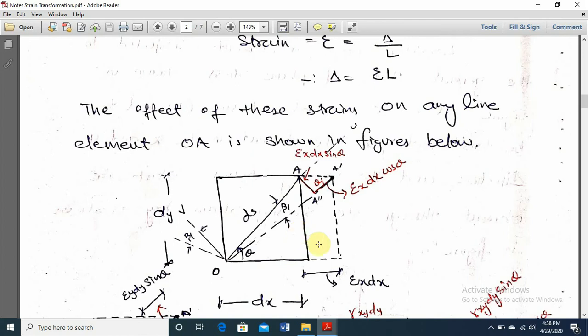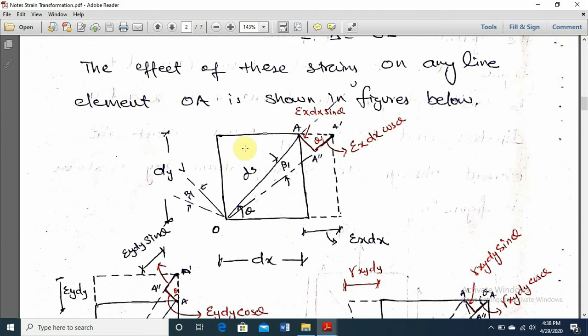Okay. So let's suppose for this AA dash with an angle theta, this horizontal component will give you ex dx cos theta, means this length is ex dx cos theta, and this perpendicular component will become ex dx sin theta, and the angular change is beta 1, which has been from A to A double dash.